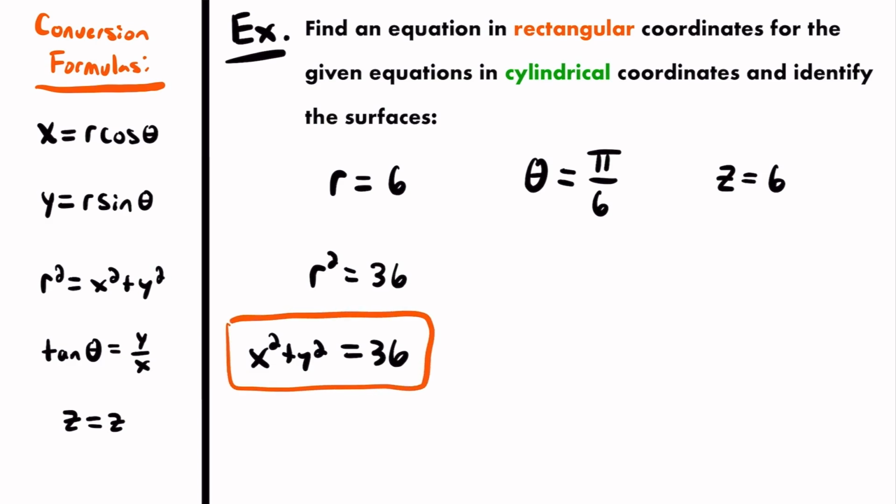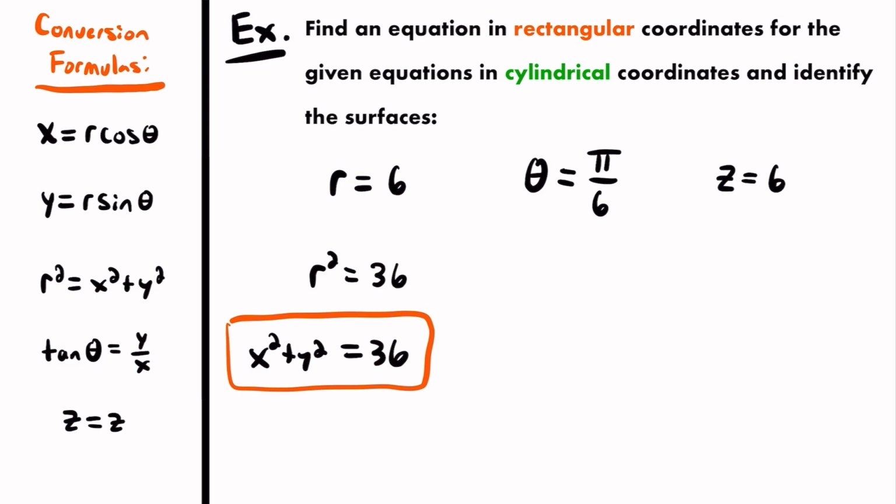Now, what does it represent? Well, it represents a surface, but what type of surface? Notice that there's only two variables in the equation. So that means it represents a cylinder or a cylindrical surface. Particularly, it's a cylindrical surface with a trace in the xy plane of a circle, right? This is the equation of a circle with a radius of 6.